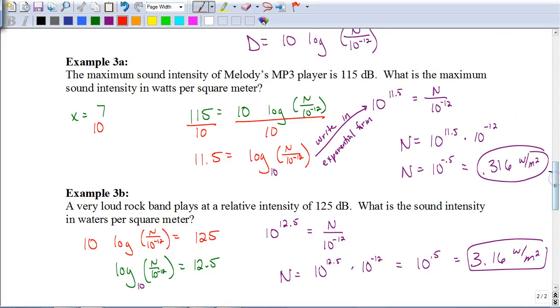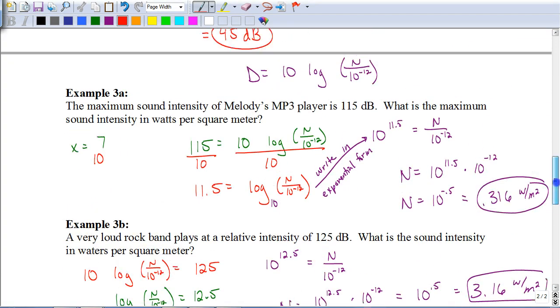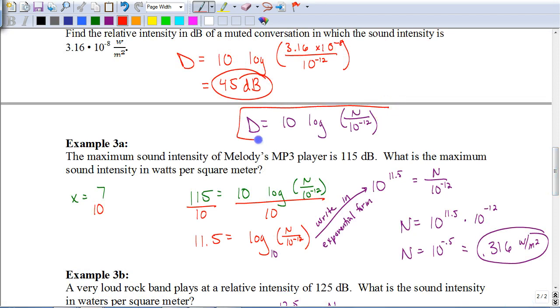When you're dealing with decibel levels, remember we had this formula to convert from watts per square meter to decibels, or we could use this same formula to convert from decibels to watts per square meter, as we did in examples 2 and 3.